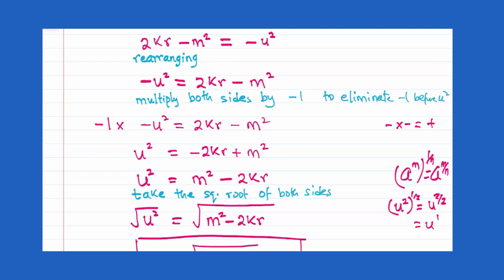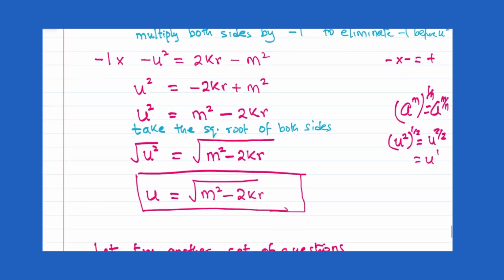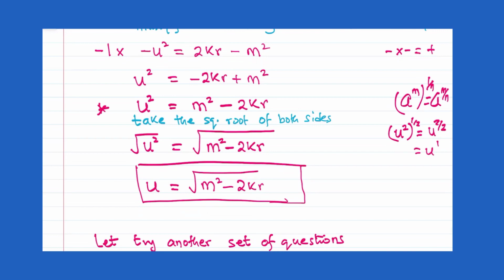So that will eliminate the negative on the left-hand side, and also address the positioning of the equation on the right-hand side. So you can see what happens next. We have u squared is equals to m squared minus 2kr. And since we are looking to solve for u, we apply the concept that we master from our understanding of powers and roots.